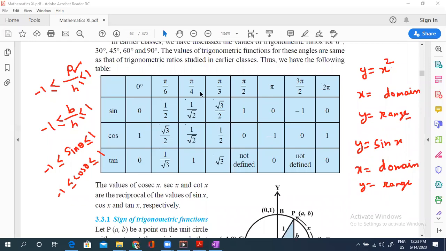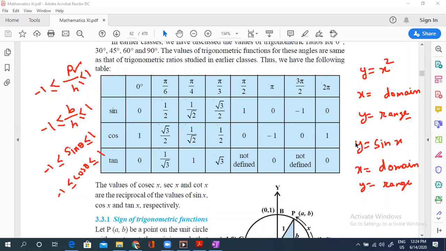Okay, it will not be undefined. Okay. So these are some standard angles. There are different angles also, but it will not be undefined, right? So the domain of sin theta and cos theta is all real numbers x. Anything, any real number, okay? Right?